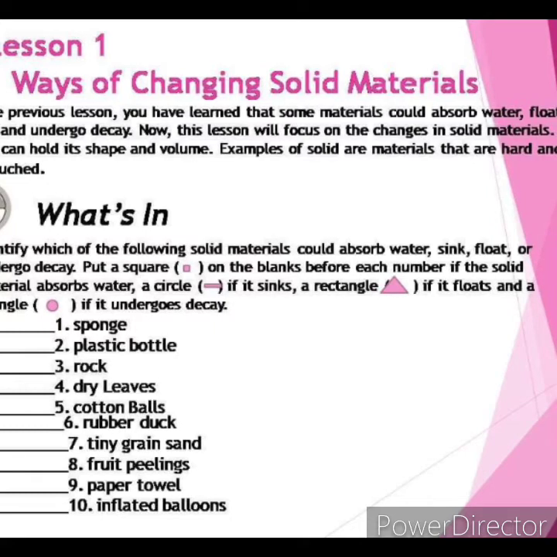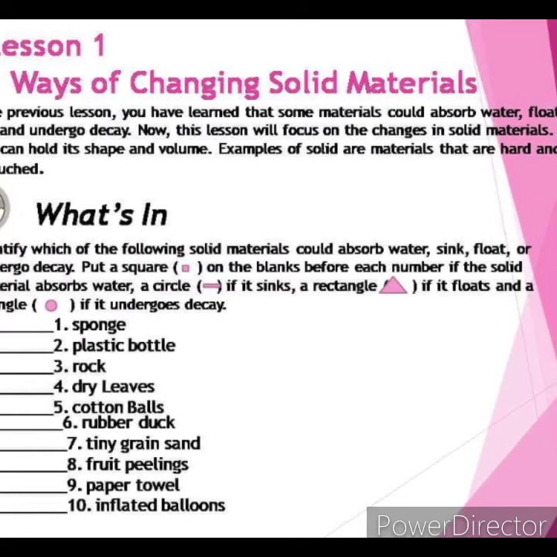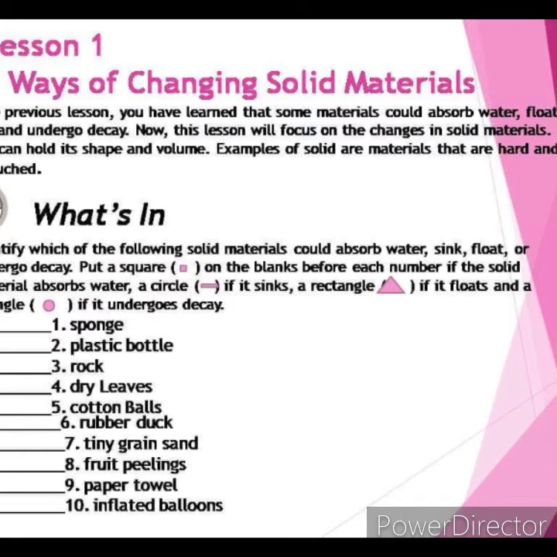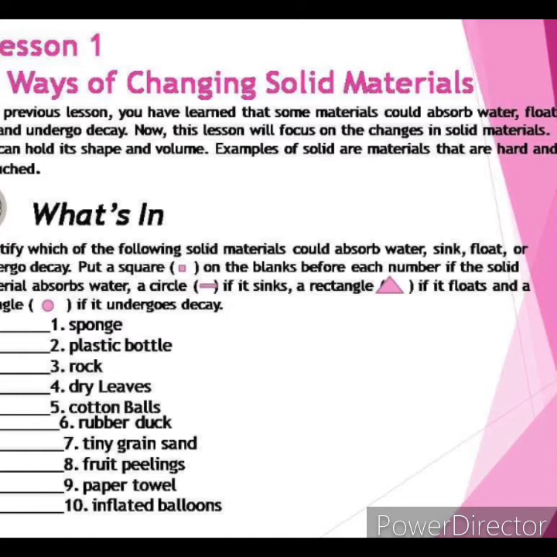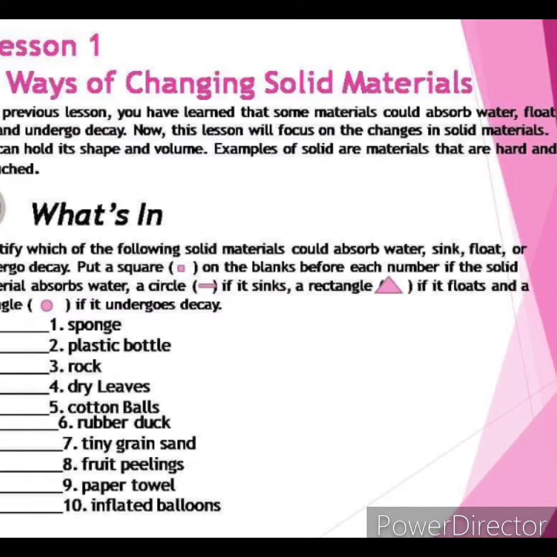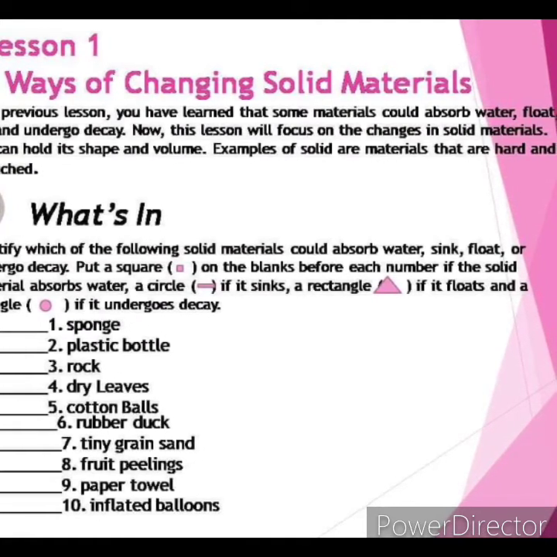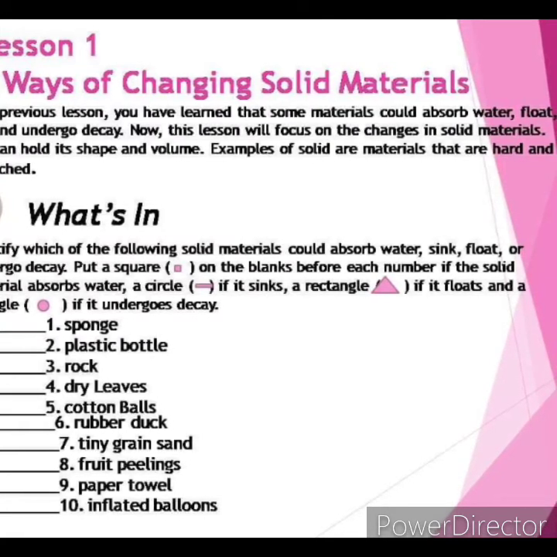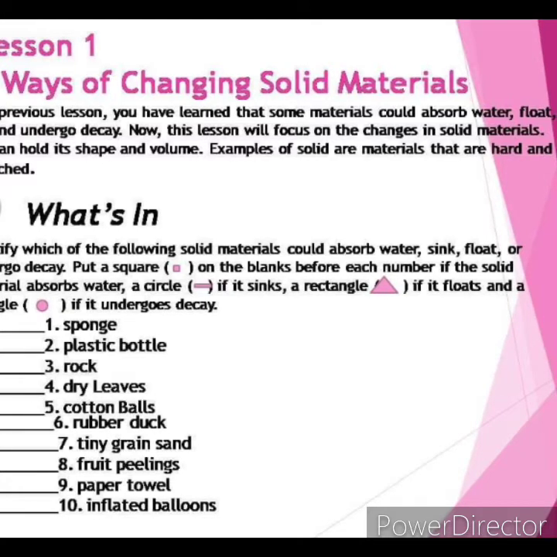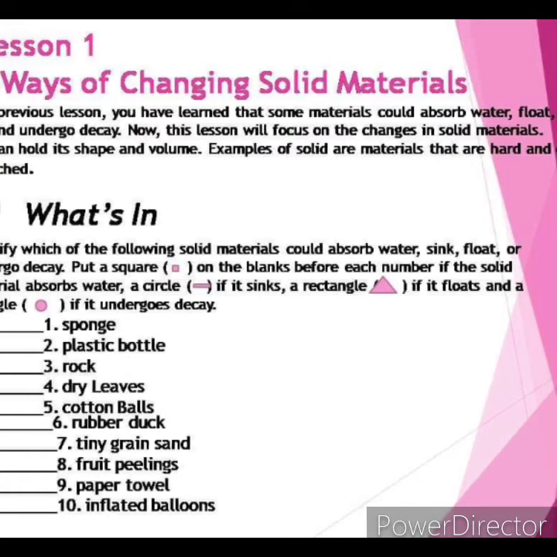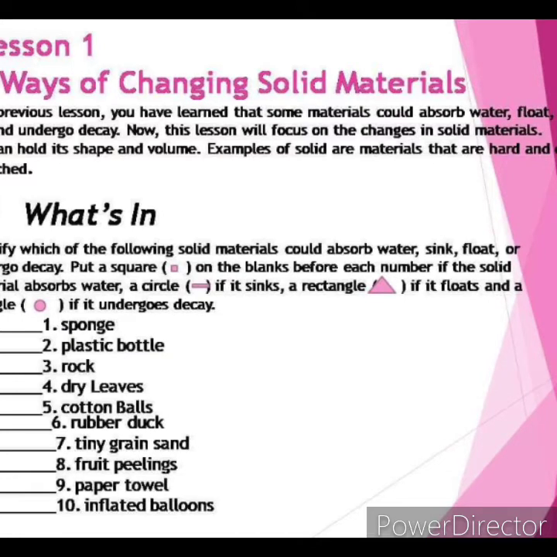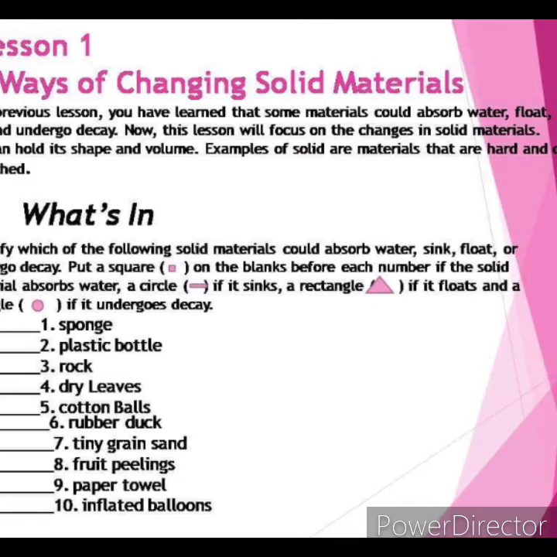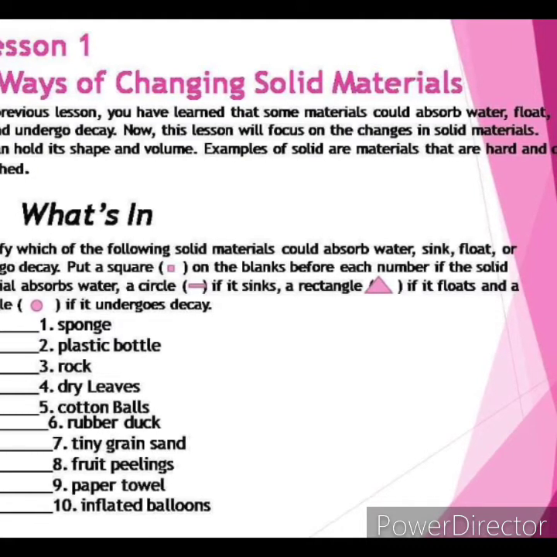Now, let us go to the what's in. Ang balikan. So, we are going to identify if the following solid materials could absorb water, sink, float, or undergo decay. Put a square on the blanks before its number if the solid material absorbs water, a circle if it sinks, a rectangle if it floats, and a triangle if it undergoes decay.